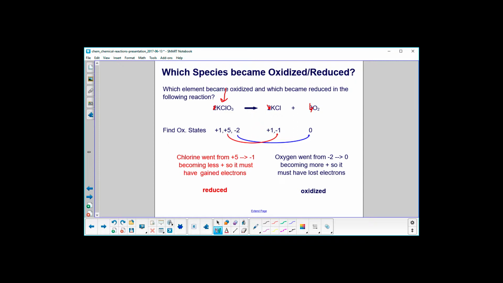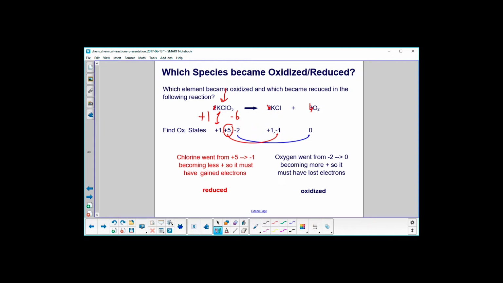We go to the periodic table, and potassium is +1, oxygen is -2, and there's 3 of them. So we have -6 for the oxygen, potassium is +1, so chlorine, this has to balance out to be 0. So 1 minus 6 is a -5, so the chlorine has to be +5.